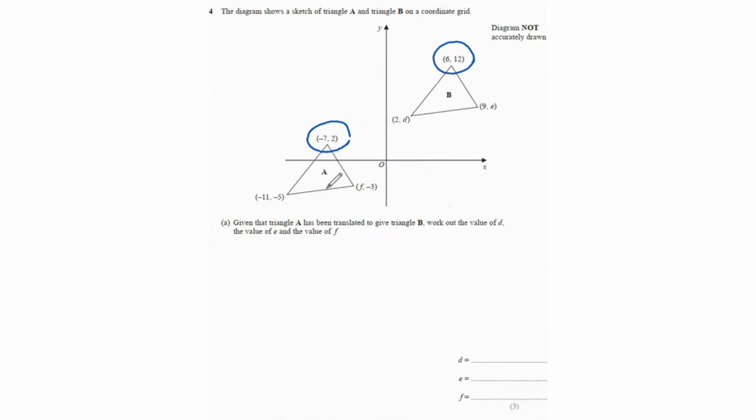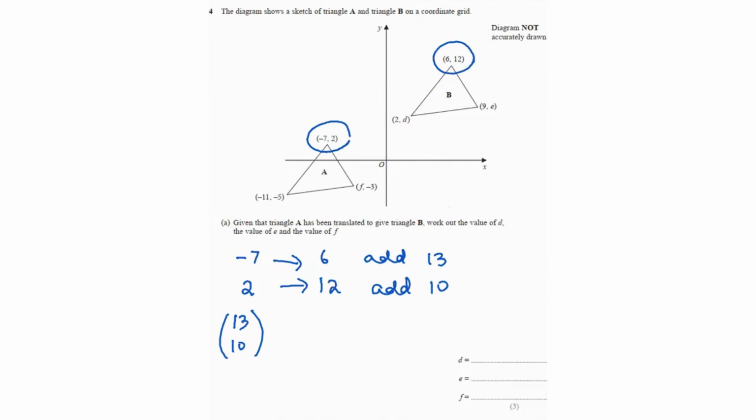So triangle A is becoming triangle B. So -7 goes to +6 and 2 goes to 12. So that means over here, we're adding 13 because we're going from -7 to +6. And over here, going from 2 to 12, we're adding 10. So the vector is (13, 10).